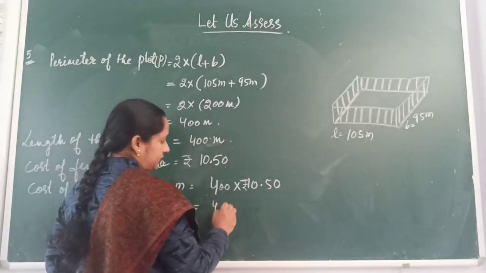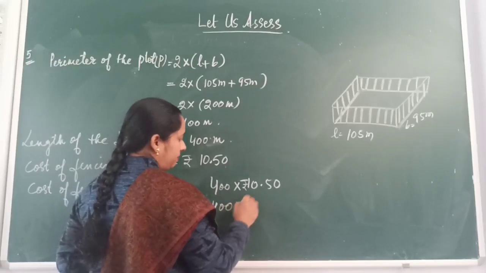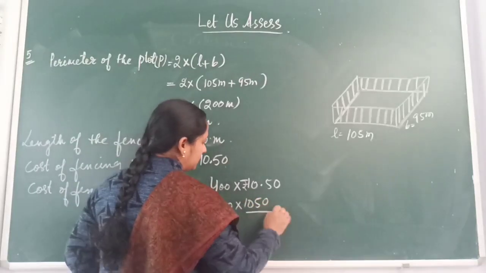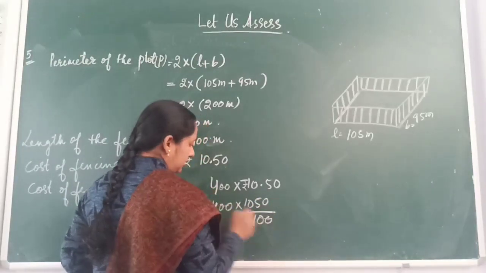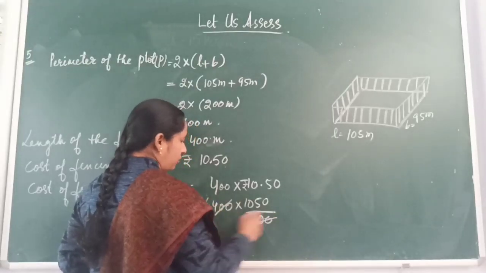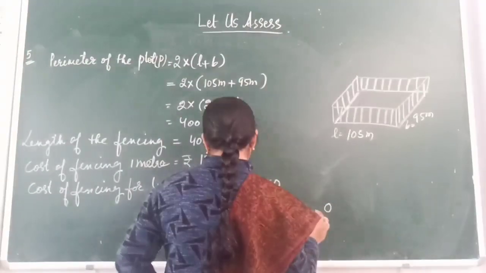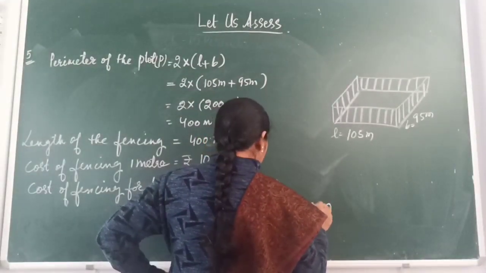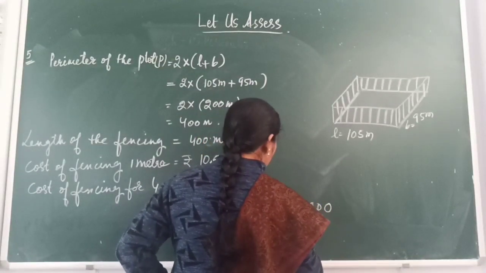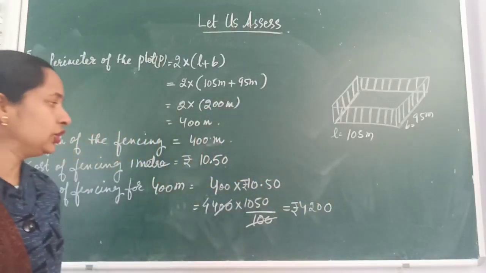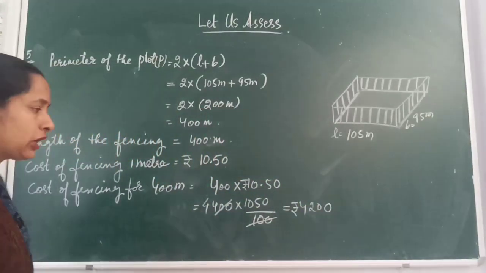See how easy it is. 400 multiplied by 1050 by 100. Here 100 4s are 400. So we will get 4 zeros are 0, 4 5s are 20 and 4 1s are 4. So you get 4,200 rupees.